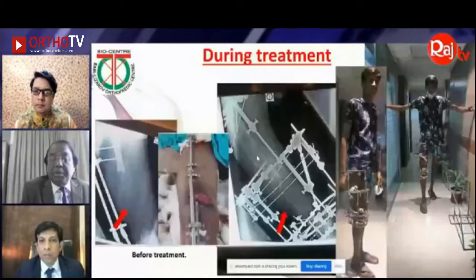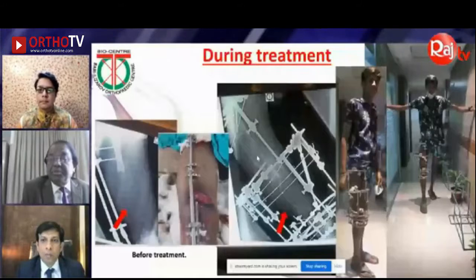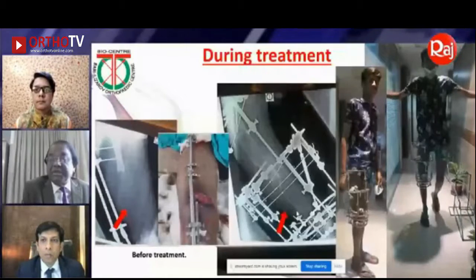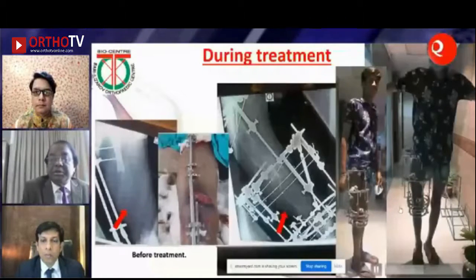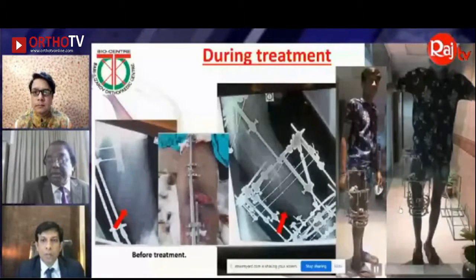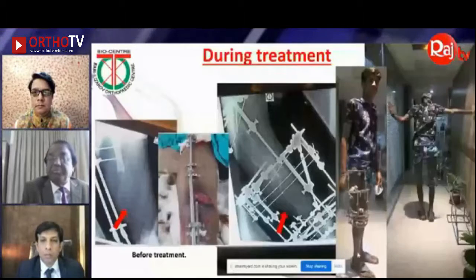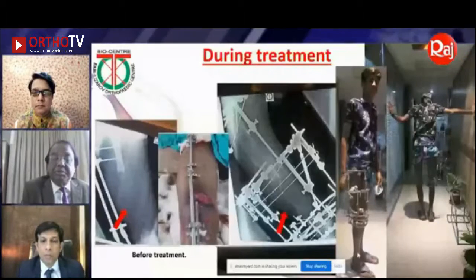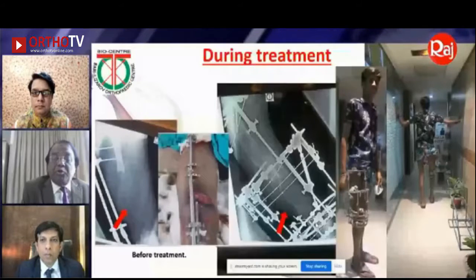This is the lower part of the femur. And patient is walking in my center. You can see walking in the center. And tibia is already corrected. I have removed the apparatus. This is after the 6 months follow-up. And he's under my observation. And 3 days back, I have done the corticotomy here, distal part of the femur. That was a massacre here.